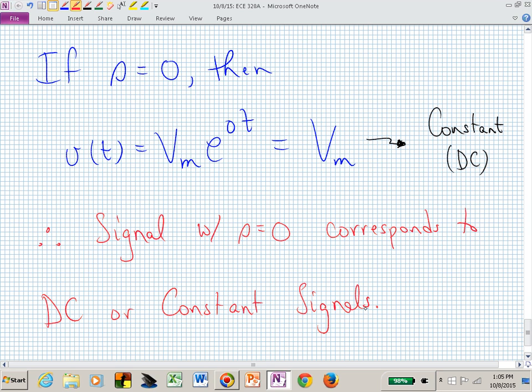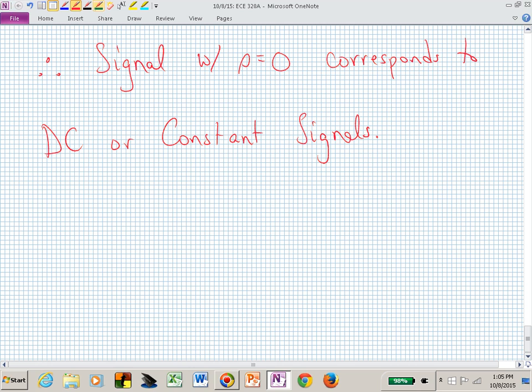Does that make sense? What's our frequency? What's S? 0. That's DC. So we have a DC frequency that gives us a constant signal. Suppose we look at a different frequency. Suppose that S is equal to j omega.